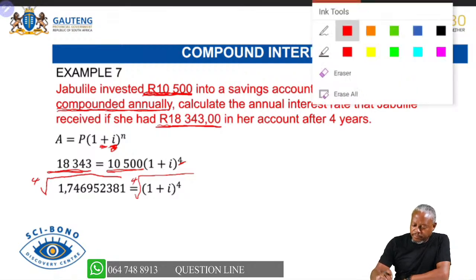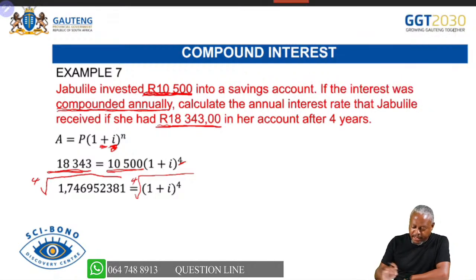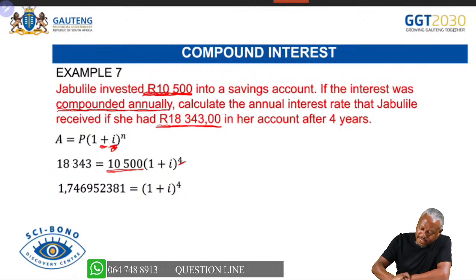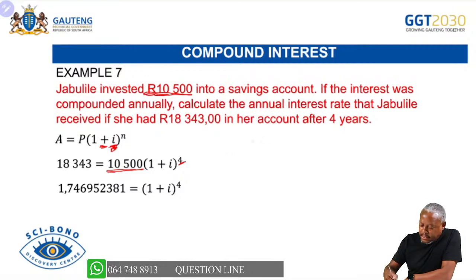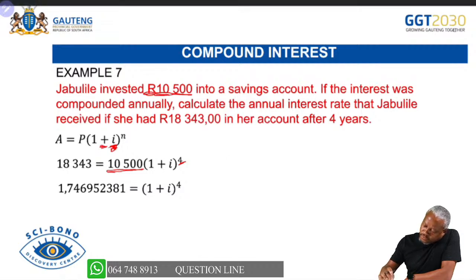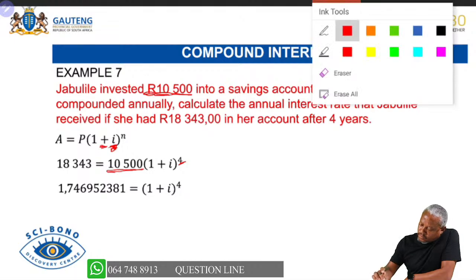So make use of this one. You must understand squaring both sides. Let me remind you of squaring both sides. Do you still remember when you've got x? Let me use the black one.